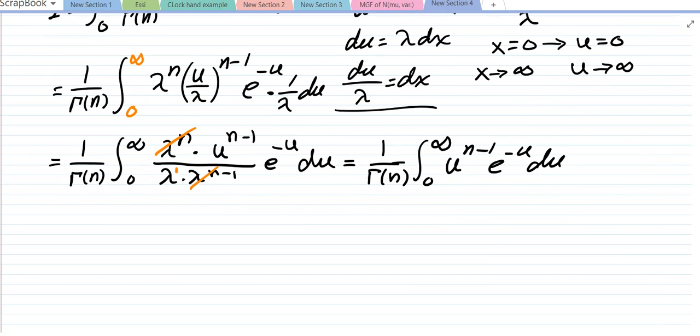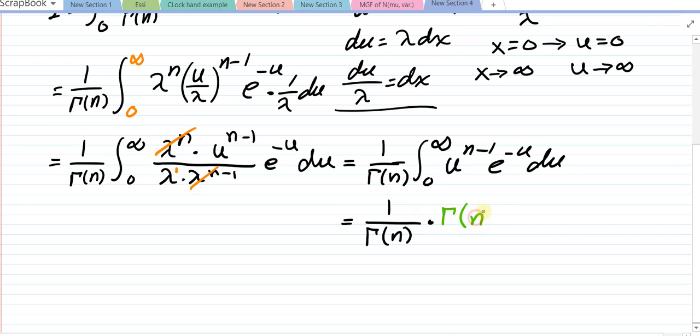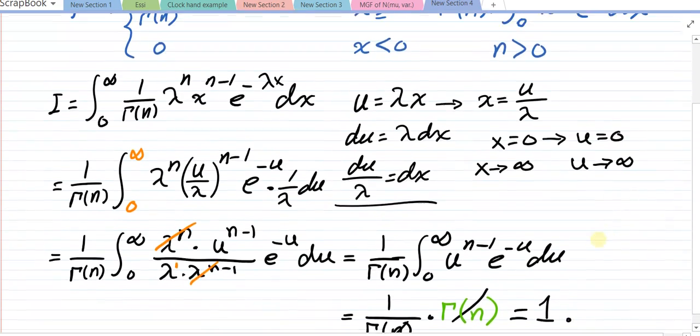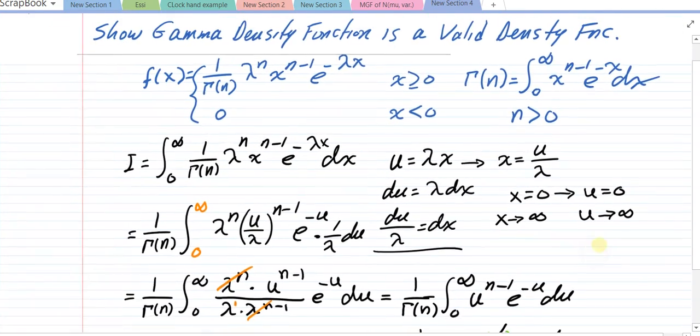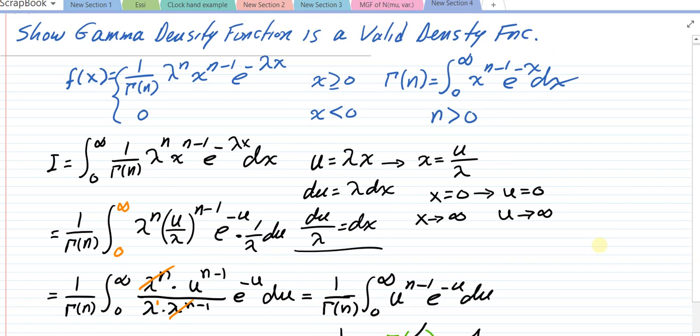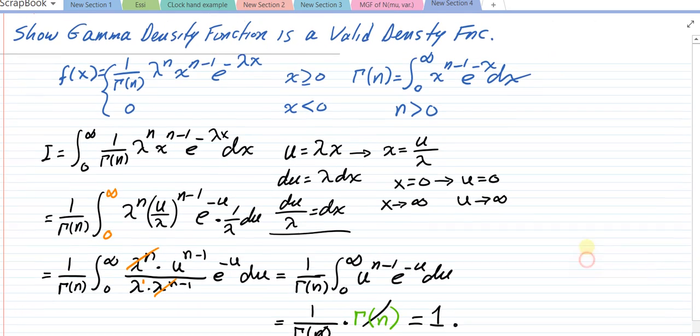At this point, we pretty much have established the validity of the density function. This is gamma n over gamma n, and of course this is equal to 1, and that is what we wanted to show, which establishes the proof that the gamma density is indeed a valid density function.